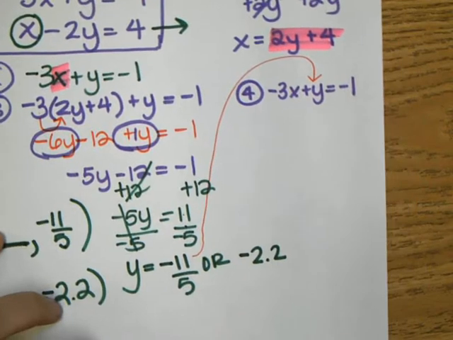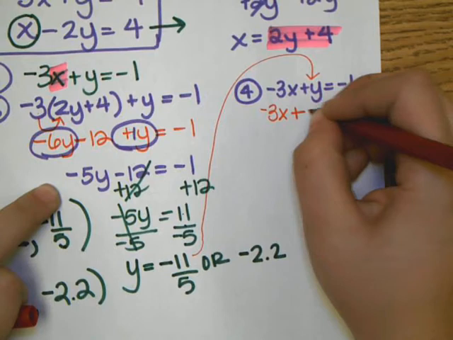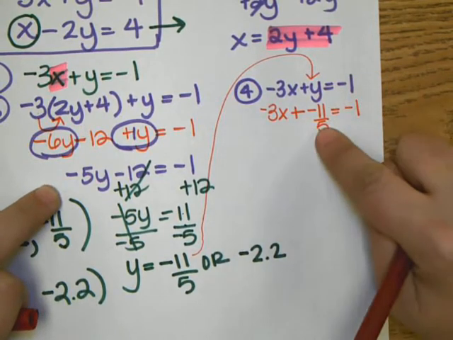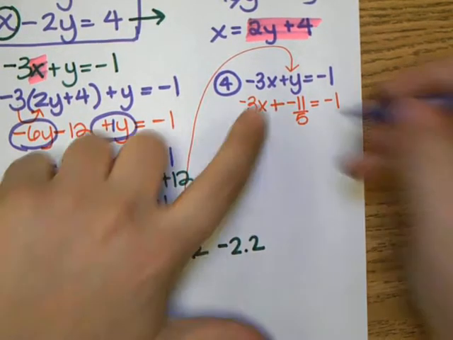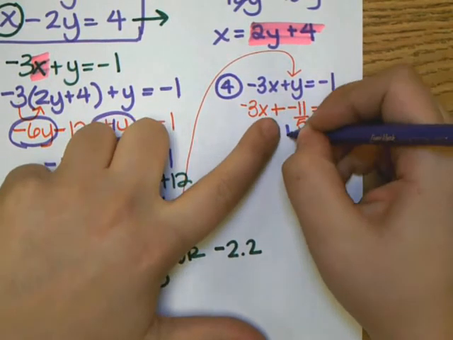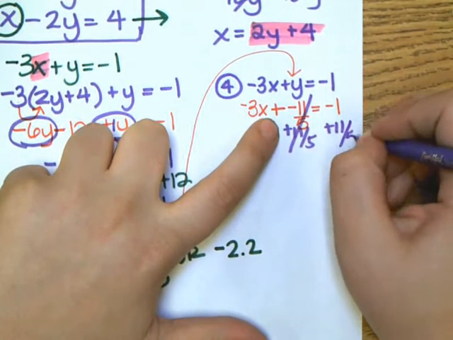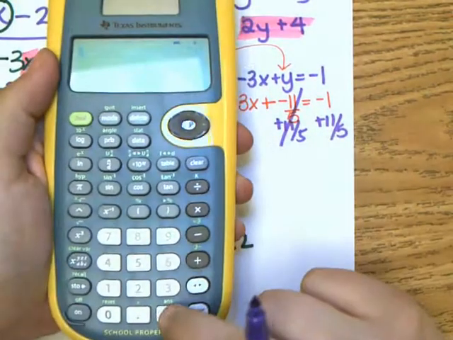I'm going to go with the top equation. And we're going to plug in what we just got here right there for y. And again, if you prefer working with decimals, then I would put a decimal there instead.